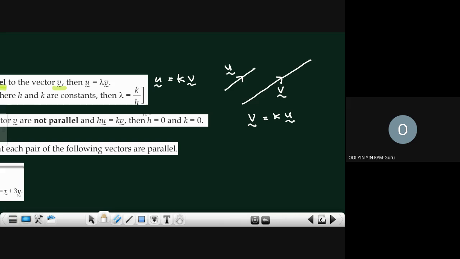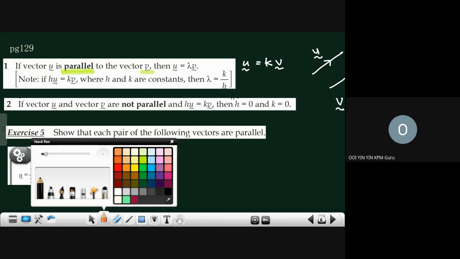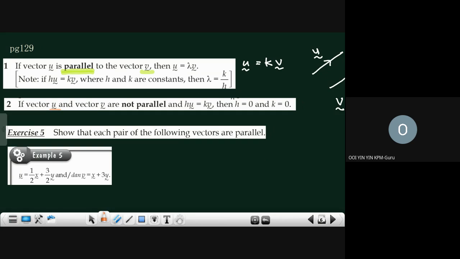Okay. Then, down here, the note, okay, you can read it, no problem. Okay, this one you can ignore below there. Okay, number two. One more important thing here is that if vector u and vector v are not parallel, see the word not, not parallel, and your hu equals to kv, then your h equals 0 and your k will also equal 0.